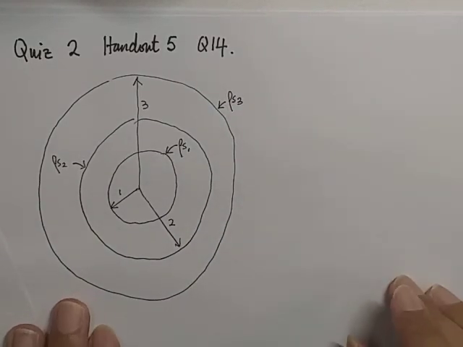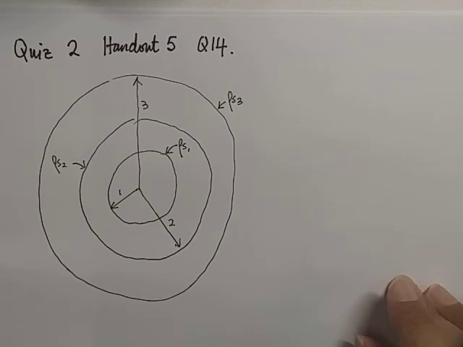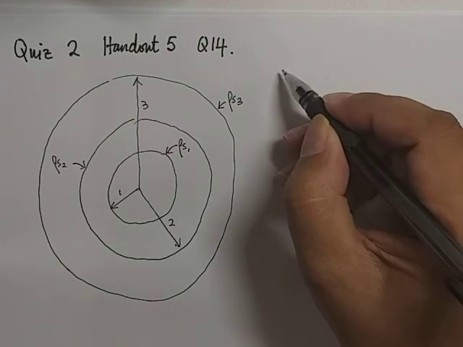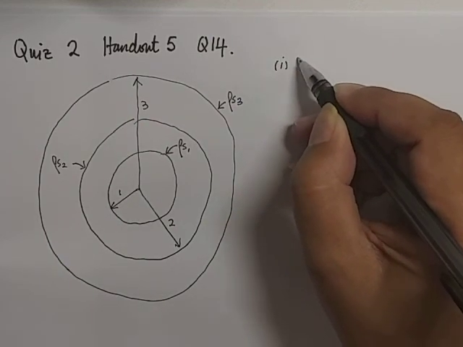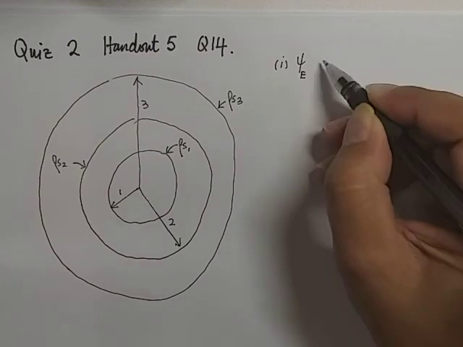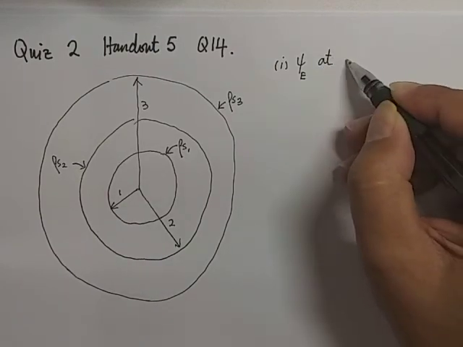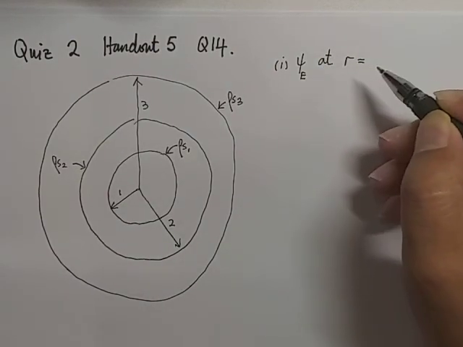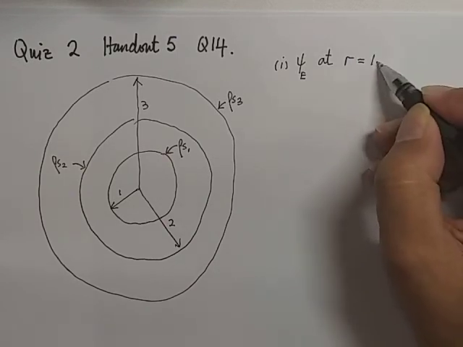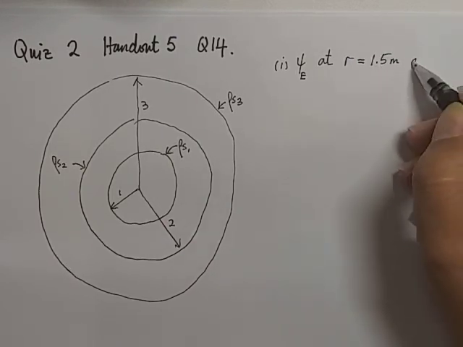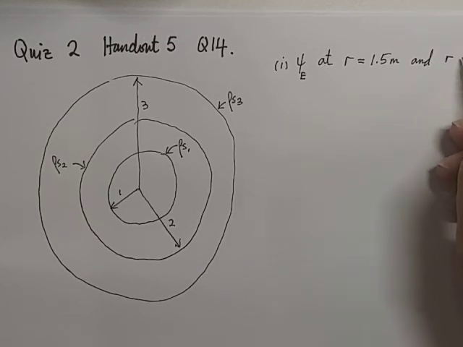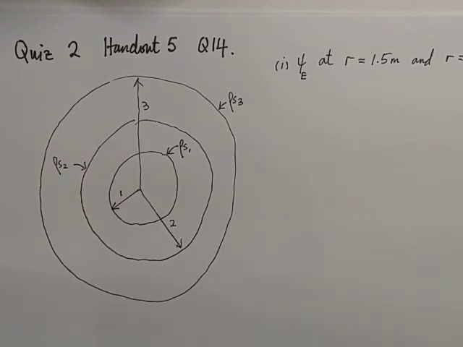That should be the first attempt that I always try, to draw a suitable diagram representing the problem. So for number 1, what should be the electric flux at two locations, radius r equal to 1.5 meters and r equal to 2.5 meters?